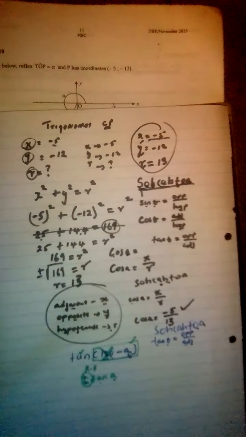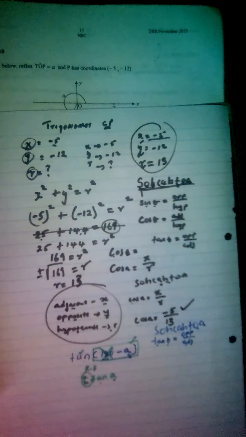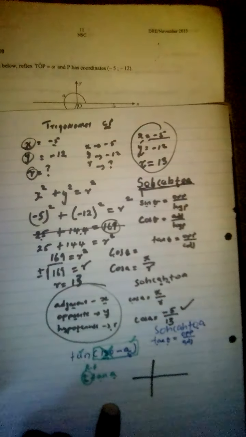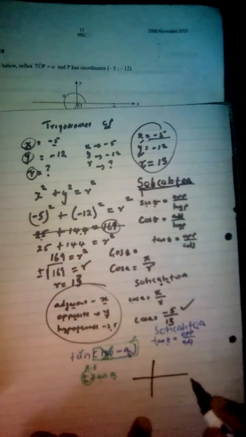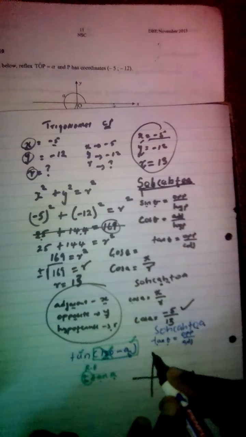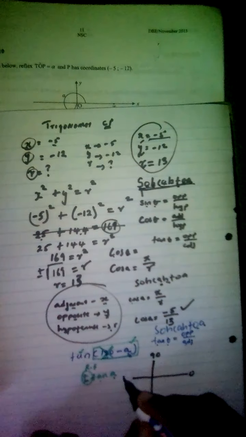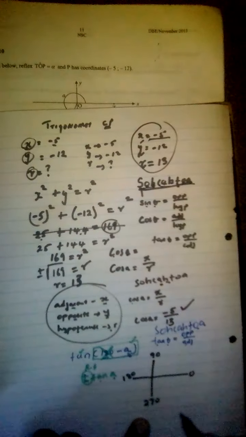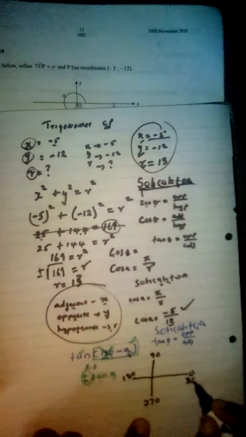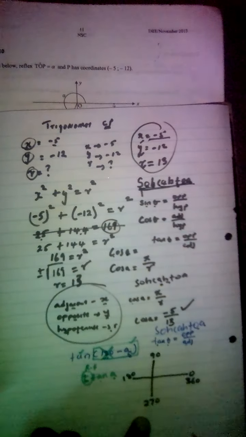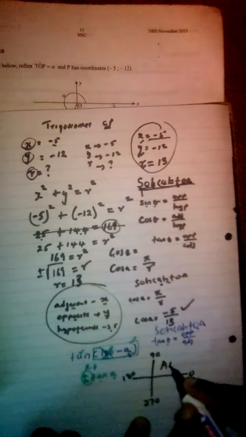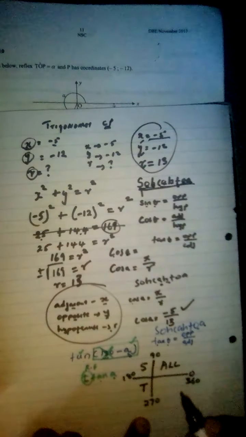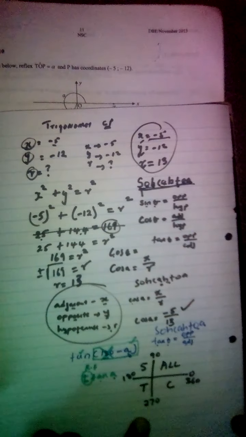Okay, guys, now I'm going to check the sign of this reduction formula. I'm going to draw something like this. It's a CAST diagram: 0, 90, 180, 270, up to 360. We say All Students Take Coffee.